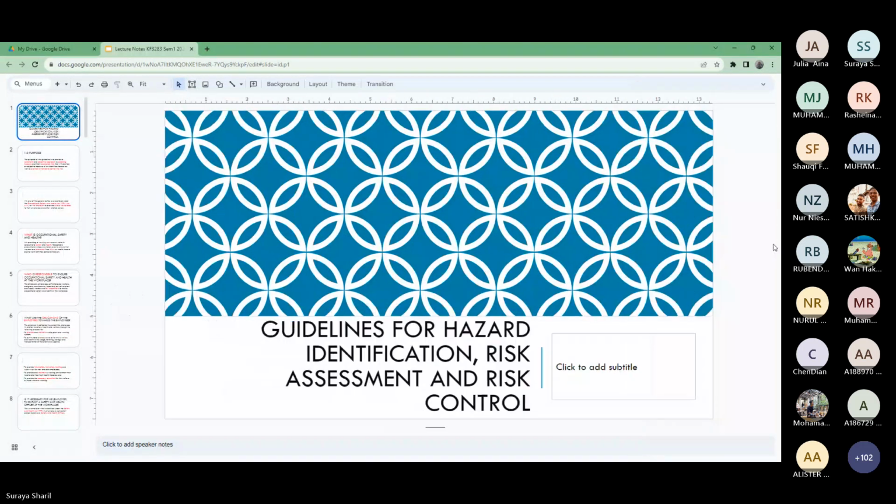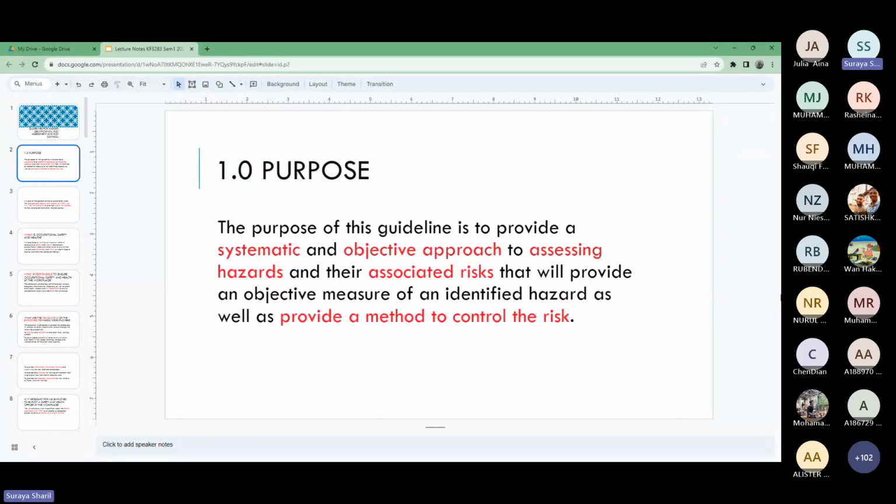So the purpose of this topic is to provide a systematic and objective approach to assess a hazard and their associated risk that will provide an objective measure of an identified hazard, as well as provide a method to control risk.